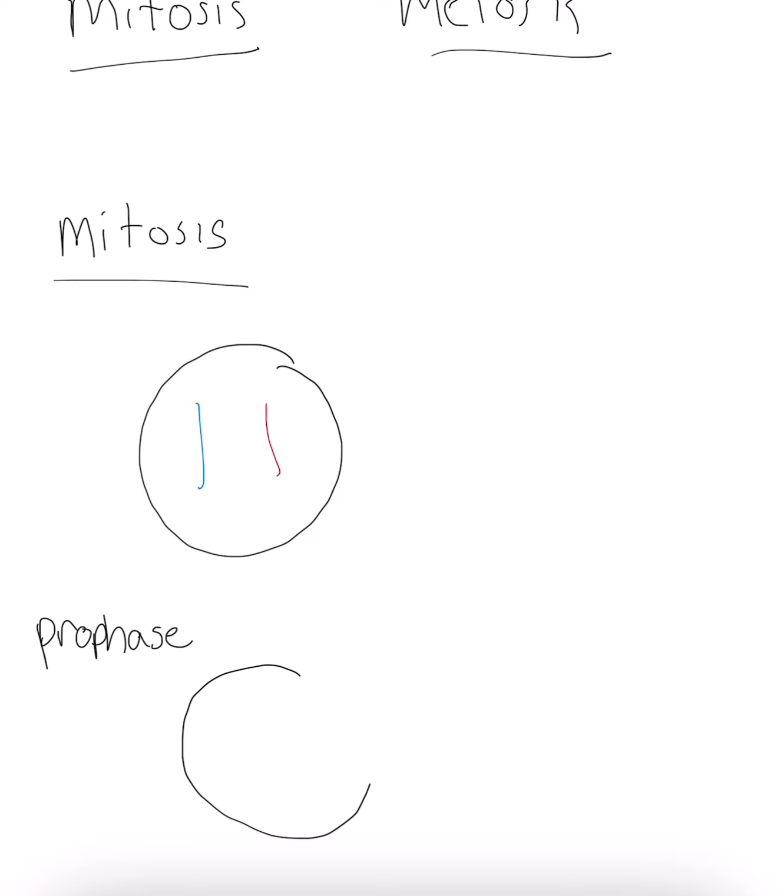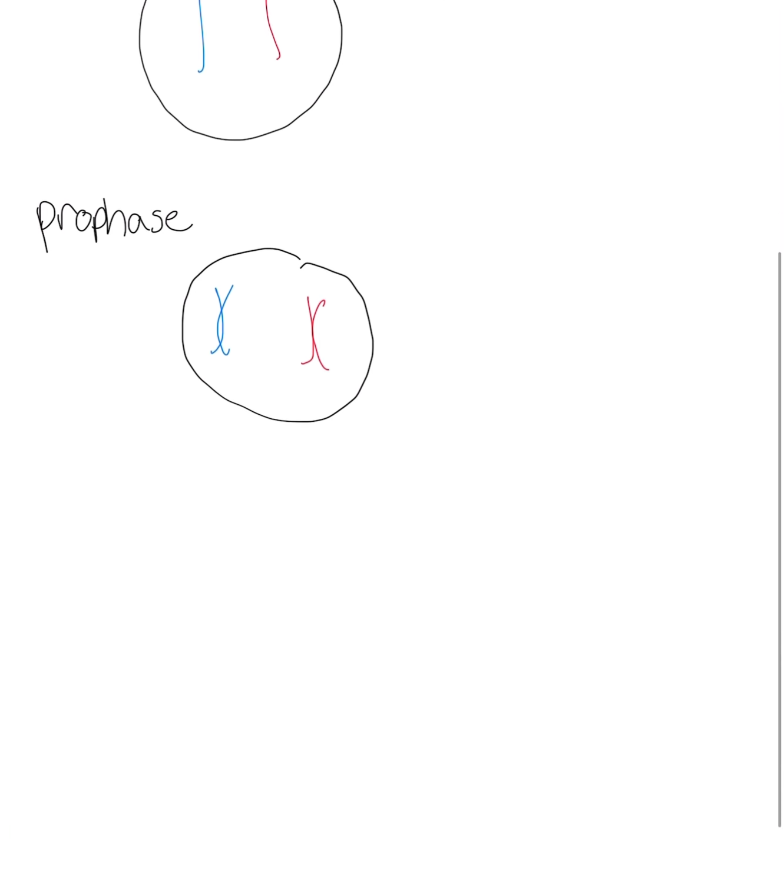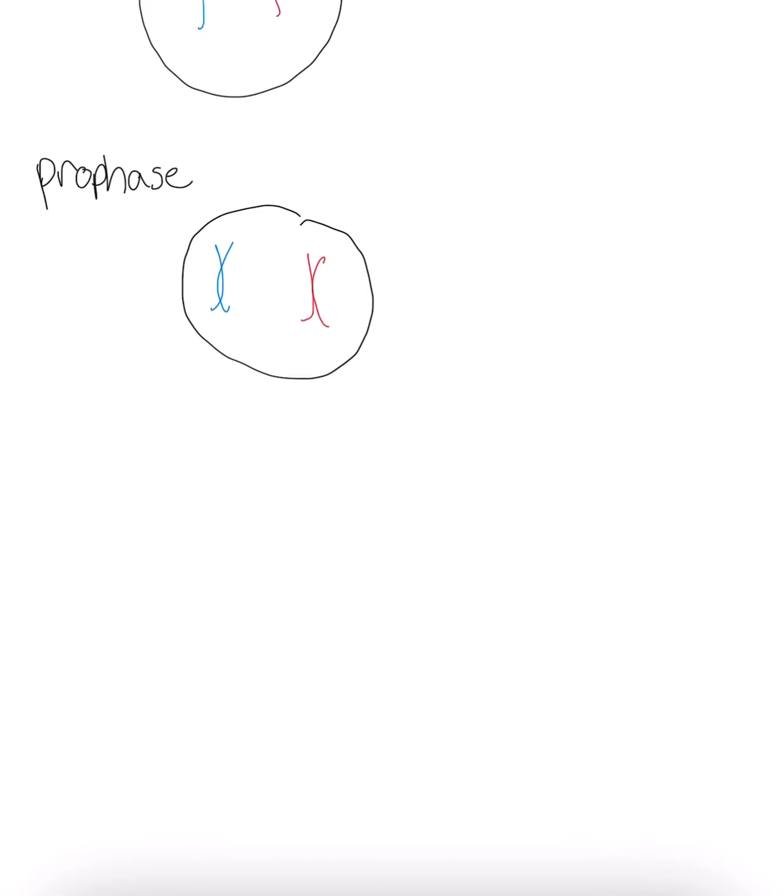In prophase, the chromosomes will duplicate. So now you have two sets of sister chromatids. And that is one of the key things that happens during prophase.